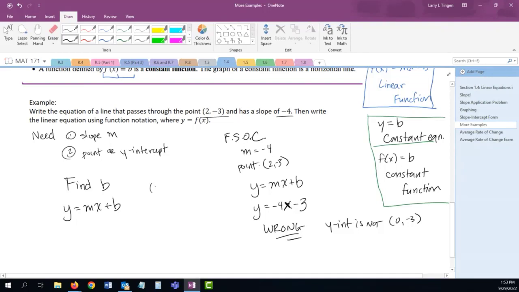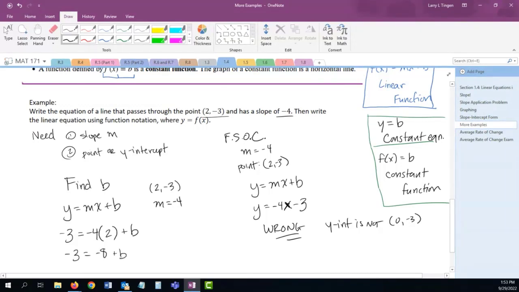Well, the point is (2, -3). And then the slope is -4. Plug all that stuff in. y is -3, m is -4, x is 2. And then do math.